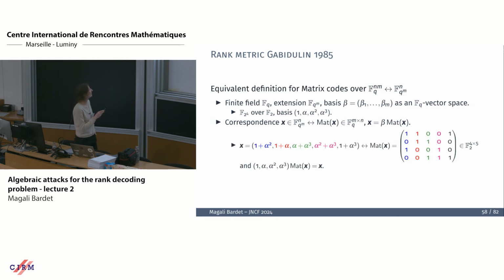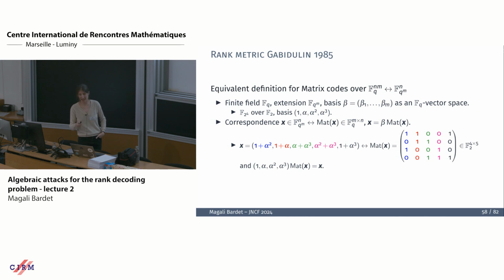To show you exactly, I take a vector with coordinates that are in Fq^m, and then each coordinate, I expand it, I have a vector in the basis of Fq^m over Fq. And it's exactly the same as before, but I have just taken a compact representation of vectors of length 4 over Fq as an element of Fq^4.